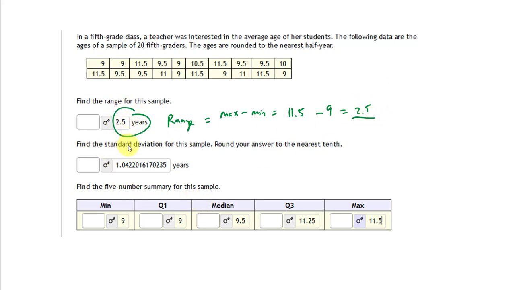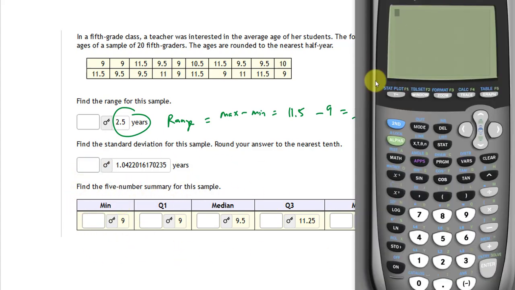Now find the standard deviation of the sample and round your answer to the nearest tenth. You can apply the long formula to find the standard deviation for this data set, but you can also use the TI-84 to help you find it. Let me help you with this problem using the TI-84, and we can also use it to complete the 5 number summary.